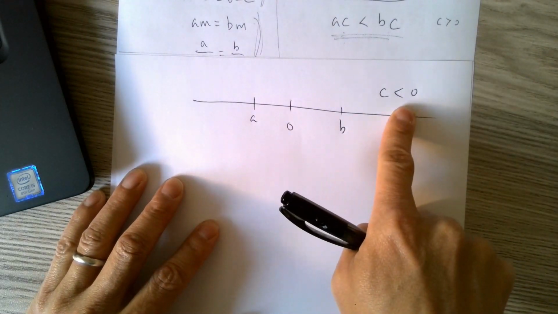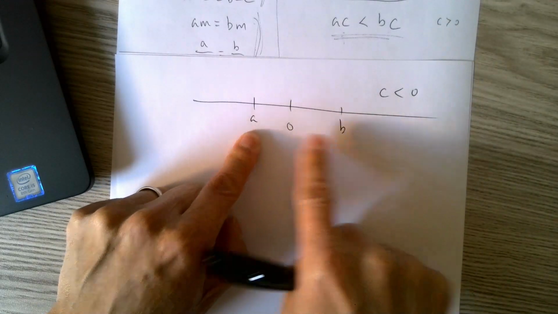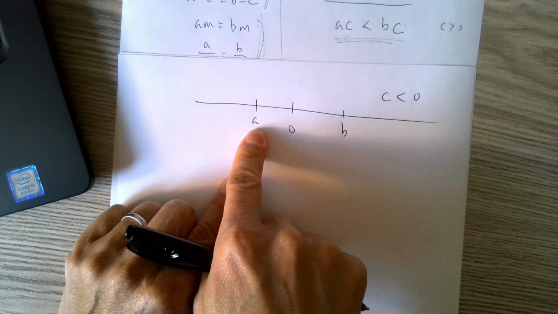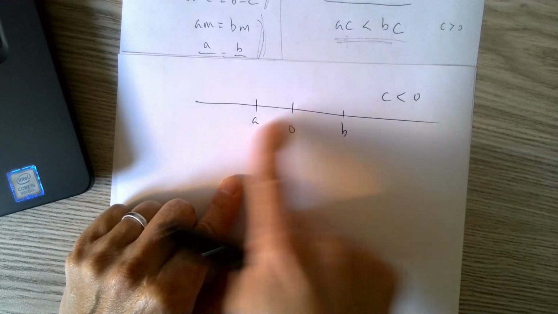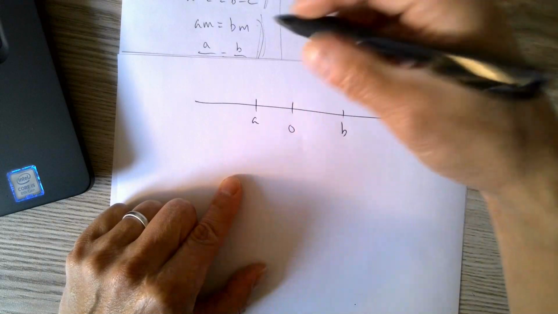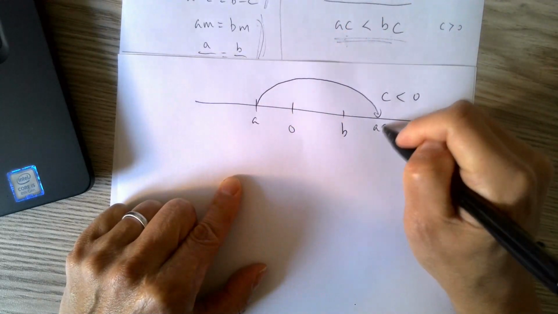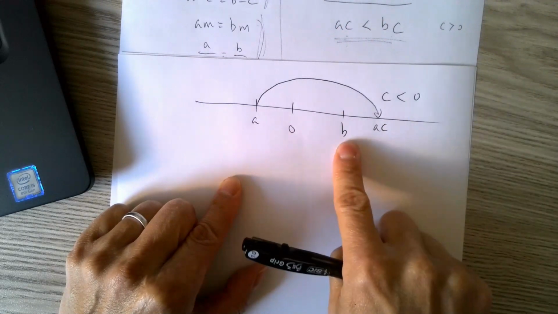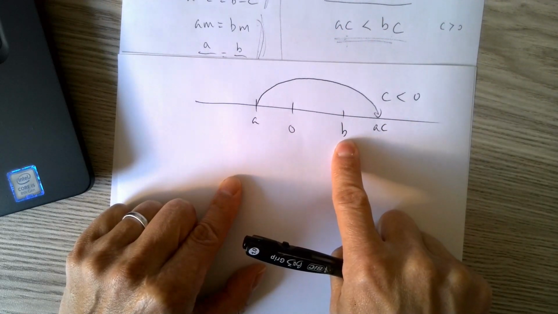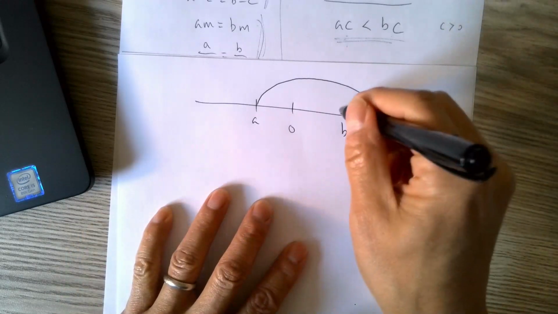And I'm going to multiply each of them by C, a negative number now. So when I multiply this A, which is negative, by a negative number, the product is positive, right? So the product will jump over here. When I multiply this positive B by a negative number, the product will jump over here.